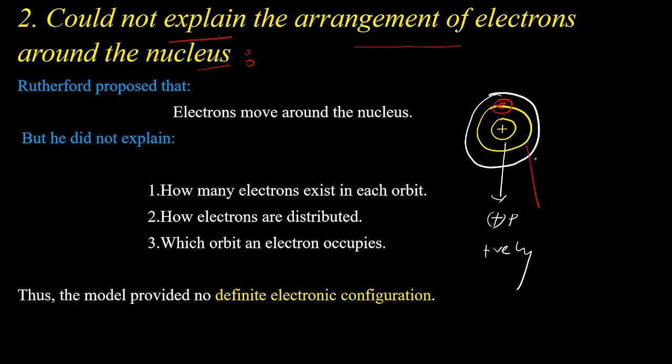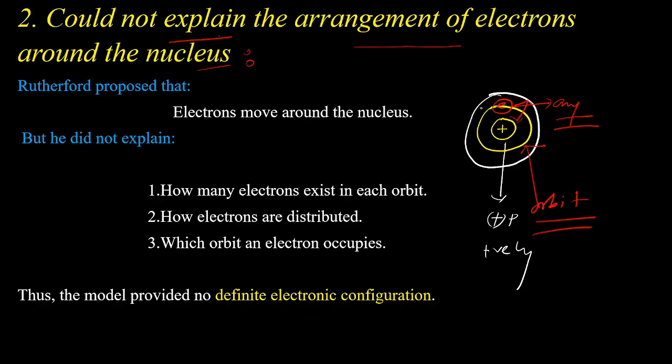He never mentioned any specification of the orbits or the circular paths where electrons are staying and rotating around the nucleus. Rather, he just stated that electrons are rotating in any circular path. How the electrons are distributed among different circular paths, he has not explained that.